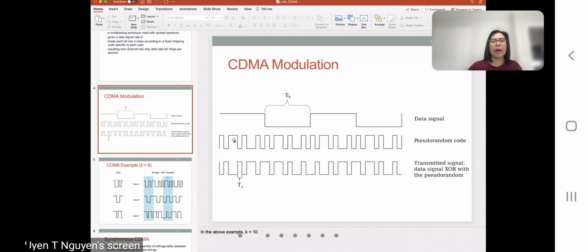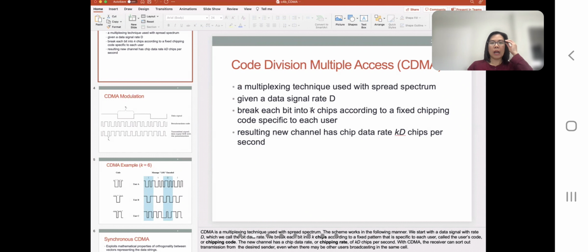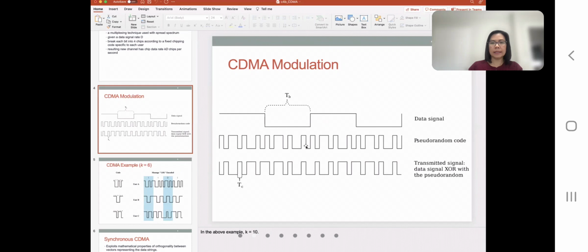In this example, there are 10 chips, 10 smaller bits, because if we count from here to here, you can count 1, 2, 3, 4, 5, 6, 7, 8, 9, and 10, right? So for every original data bit, you encode it using 10 smaller bits. So K is 10 in this case.